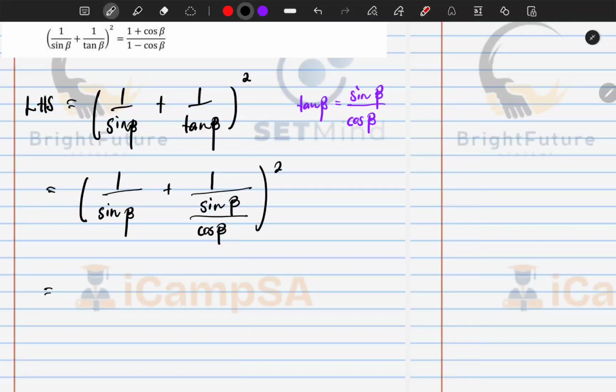If now I have 1 over sine beta over cos beta, this is the same thing as I can write it as 1 times cos of beta over sine of beta, because division becomes multiplication, and then the numerator becomes the denominator.